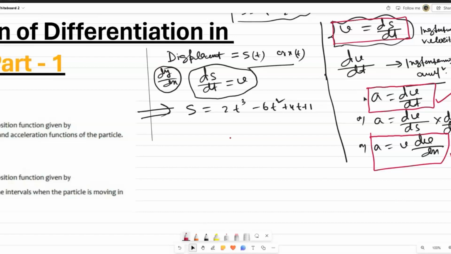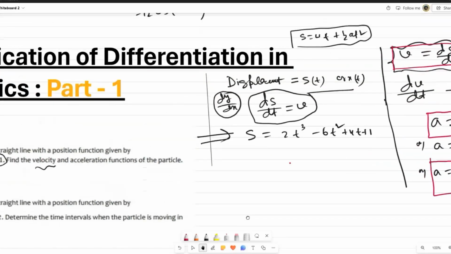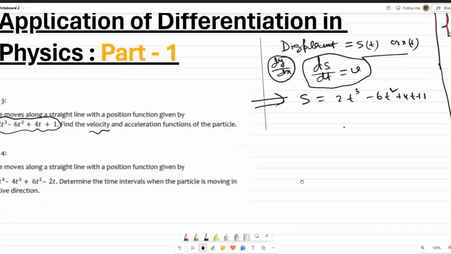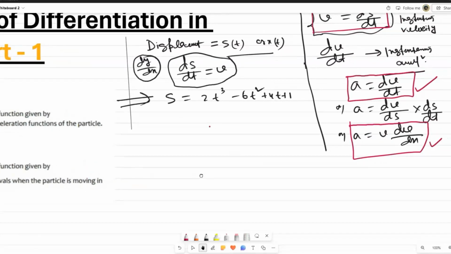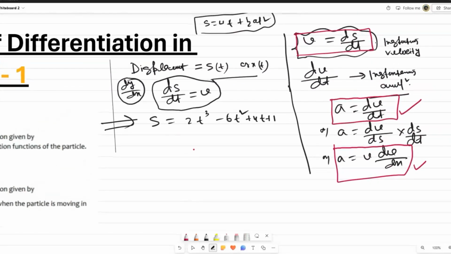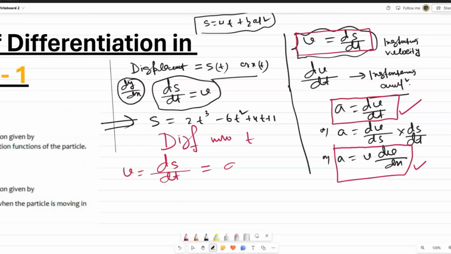Okay, let us go back to the problem given here. A particle moves along a straight line whose displacement function is this; find the velocity and acceleration of the particle. To find velocity, we'll be using this formula. So differentiating with respect to t, ds by dt will be d by dt of 2t cube minus 6t square plus 4t plus 1.